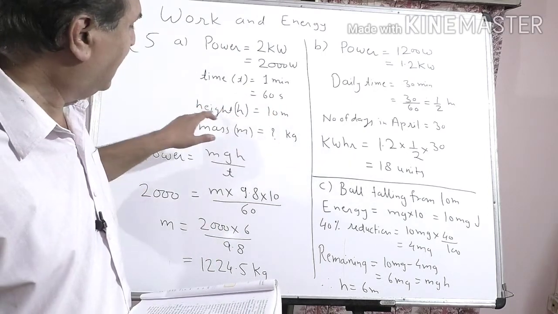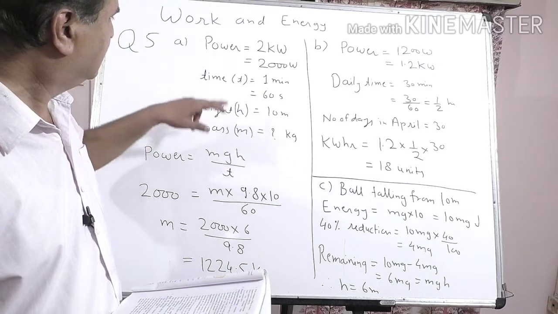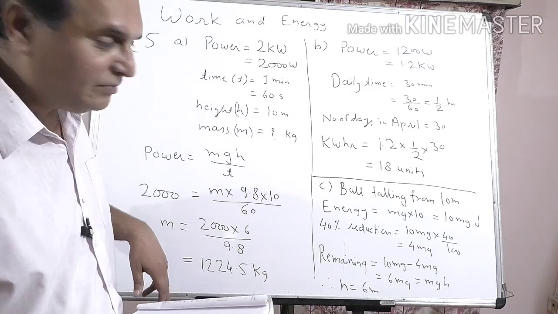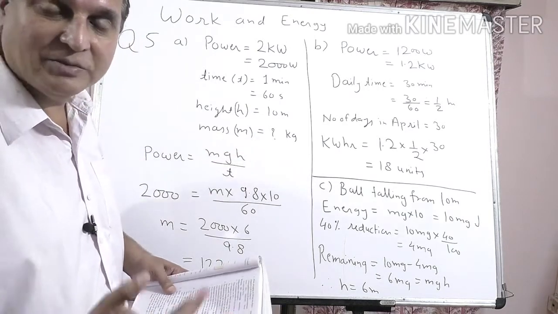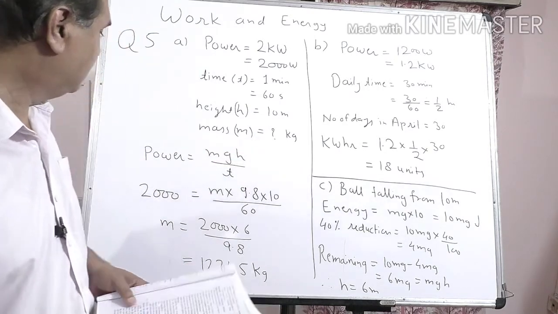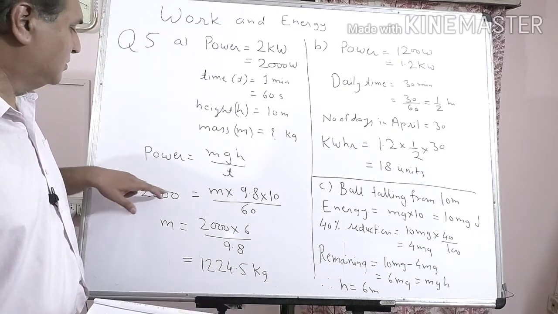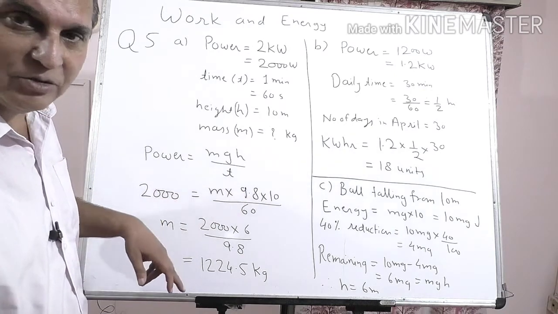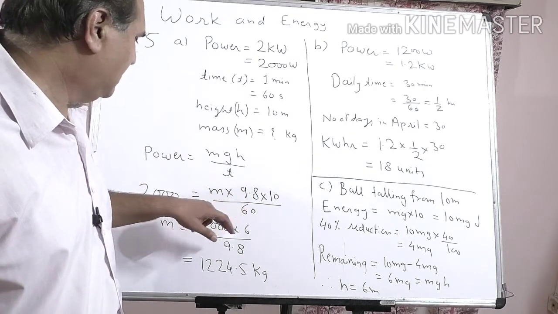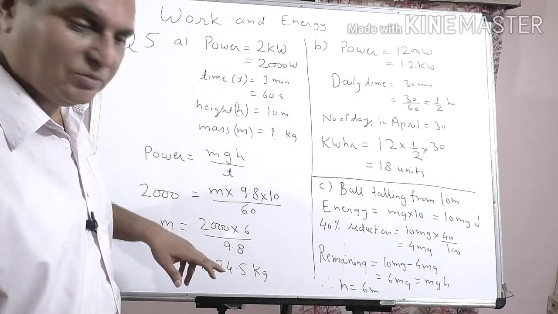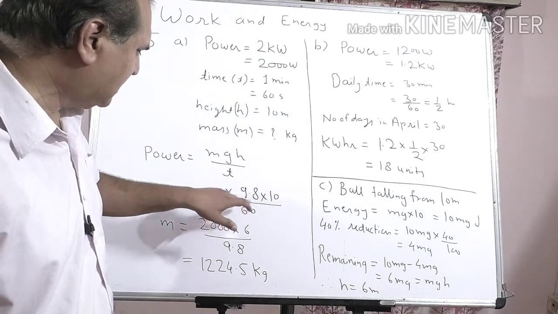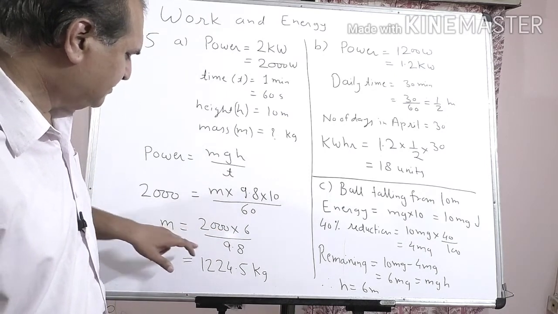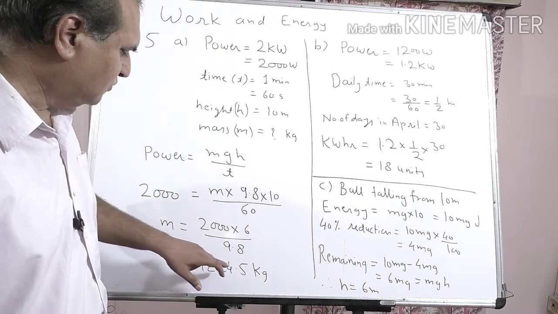Height 10 meter, allowed. So we'll use the formula power equals mgh upon t. Now mass m you have to find out: how much mass of water. So 2000 equals m into g, which is 9.8, into height 10, upon time 60. Putting the values, the 0 0 cut, 6 will go up, 9.8 will go down. You have to divide this and find out the answer: 1224.5 kg.